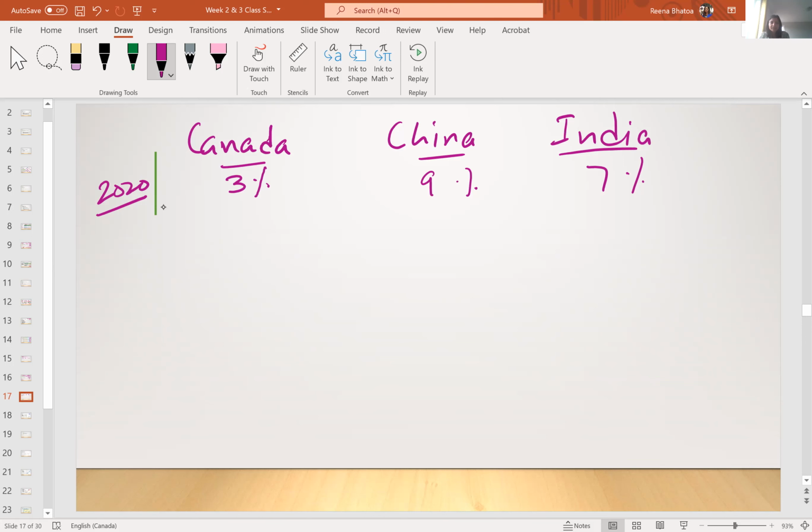Yeah. Why? Then how can we say that the real GDP growth rate is 9% in China? Why is not China a highly developed economy than Canada? Or why not India developed economy than Canada? Any thinking, any thought about that?